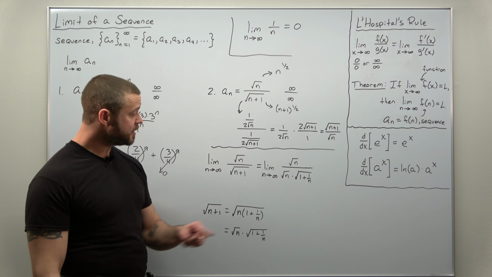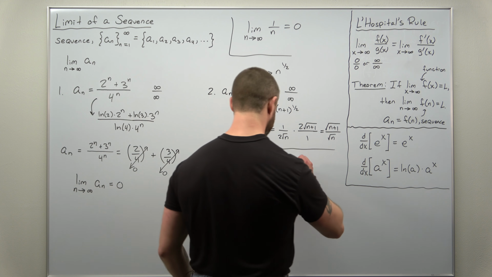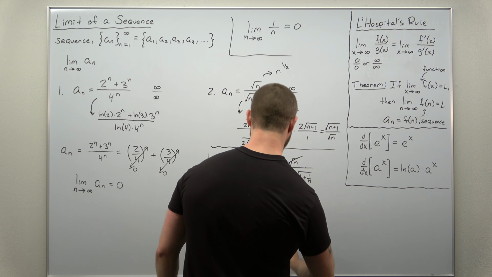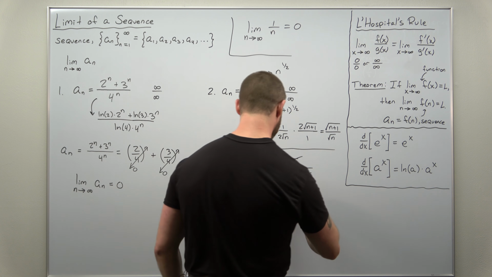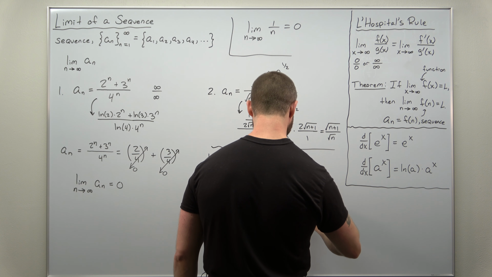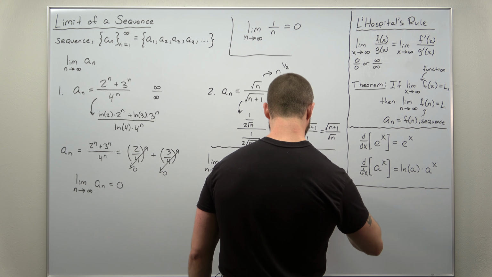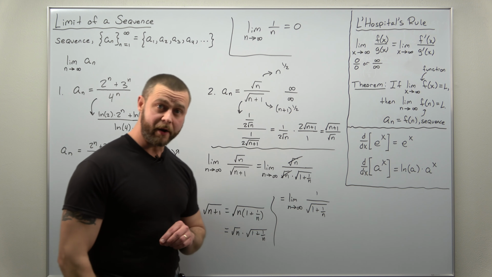And we're basically done. Notice the square root of n's cancel out. And if I want to write down the limit that we have here, or the simplified term, we're left with the limit as n approaches infinity of 1 divided by the square root of 1 plus 1 over n.